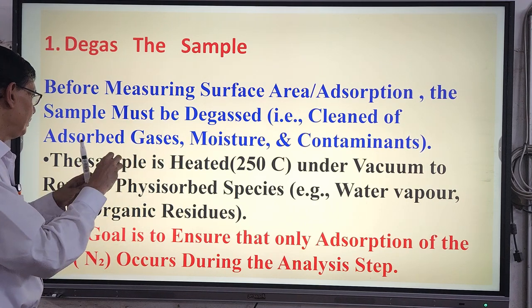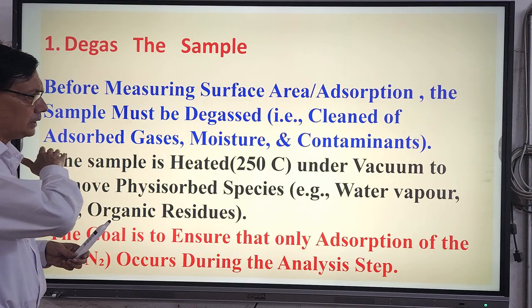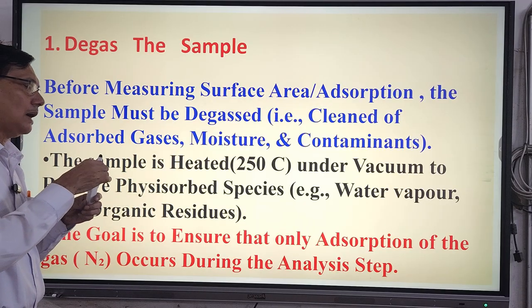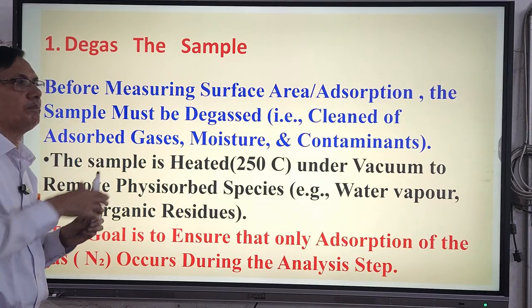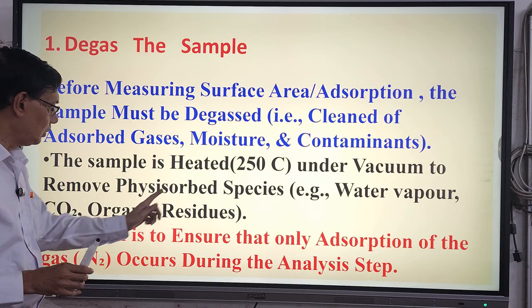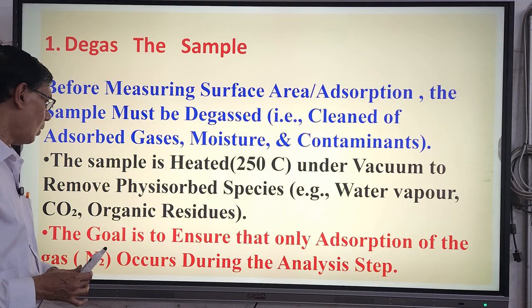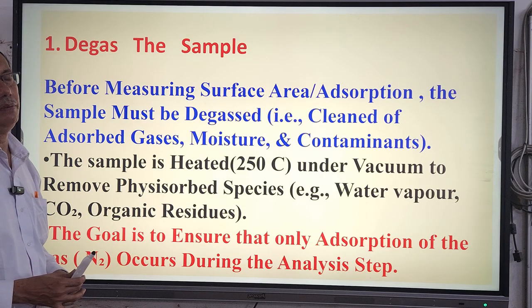If there is some unabsorbed gas or moisture or contamination, that must be removed. After degassing, we'll just put a cap, so there should be no contamination. So the goal is to ensure that only adsorption of the gas occurs during the analysis steps.